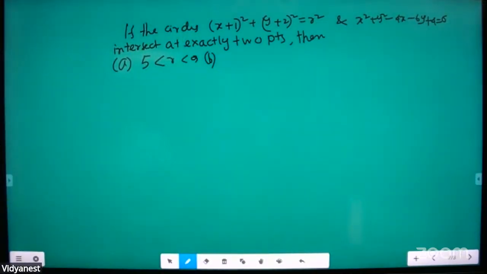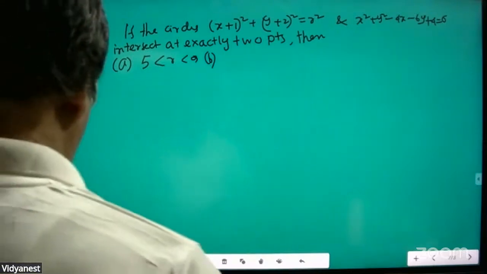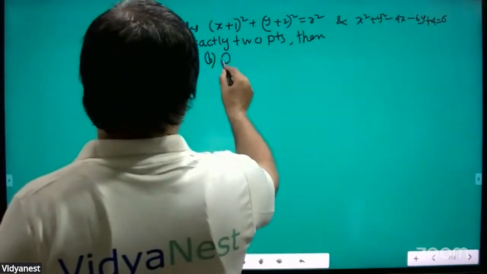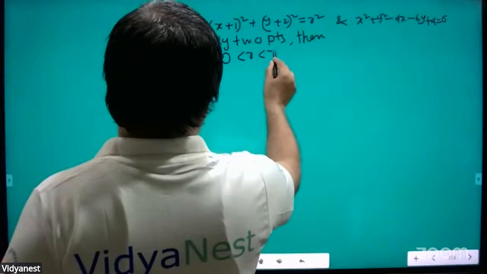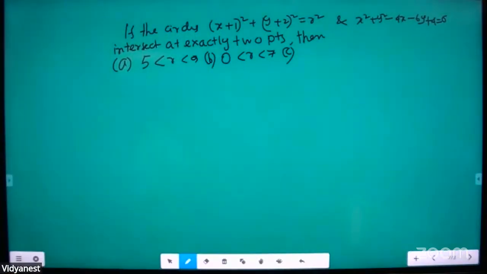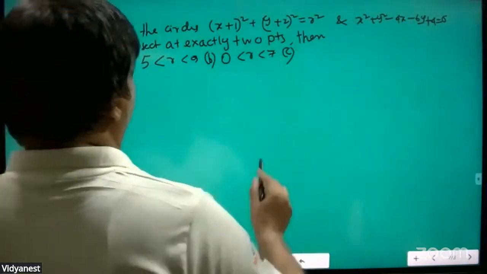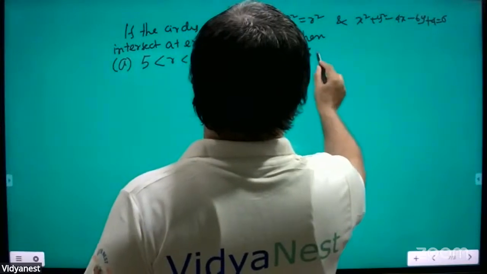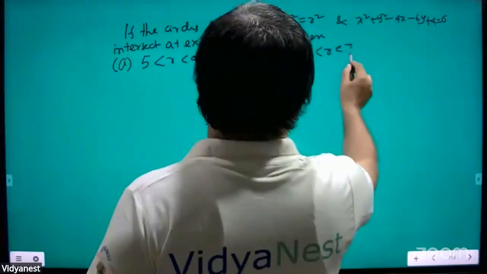Then 0 less than r less than 7. 3 less than r less than 7.